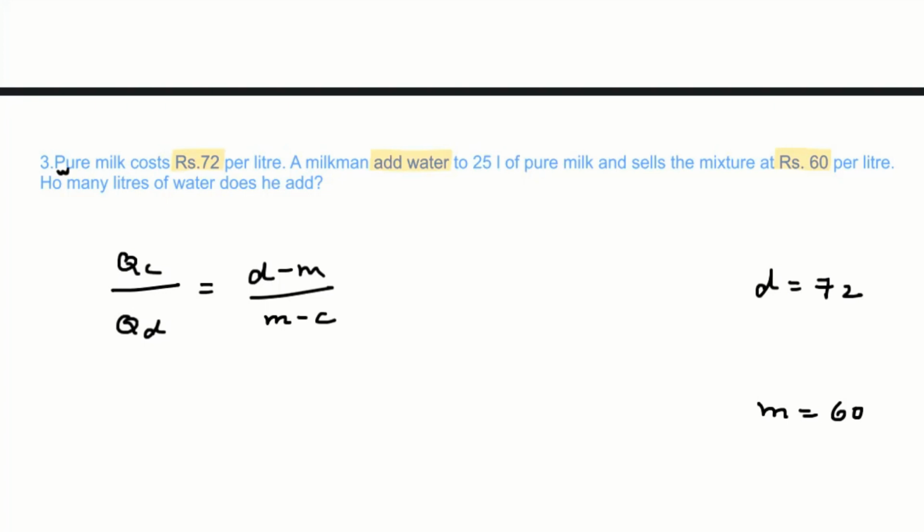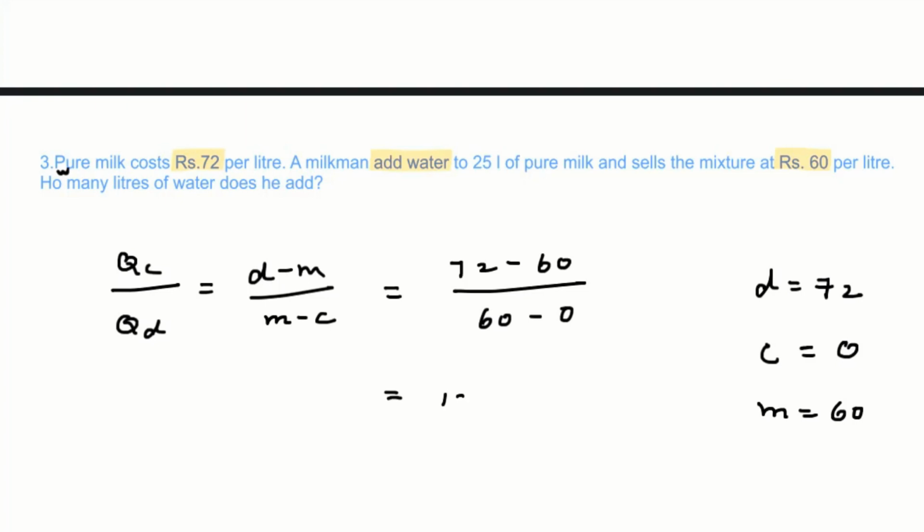As of now we are not paying much money for water, so it is taken as 0 rupees. Let us hope that day never comes when we pay money to get water. So it is D minus M, that is 72 minus 60, by M minus C.